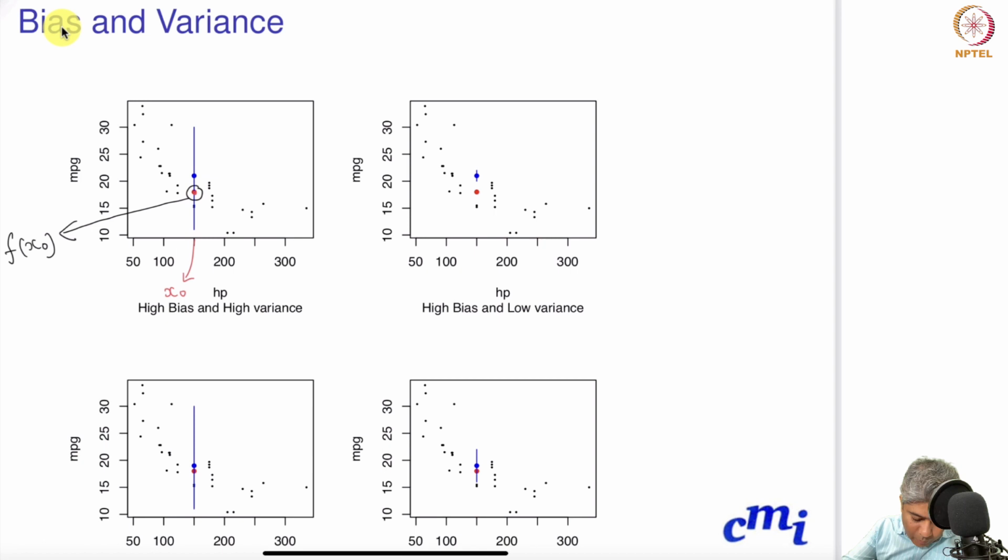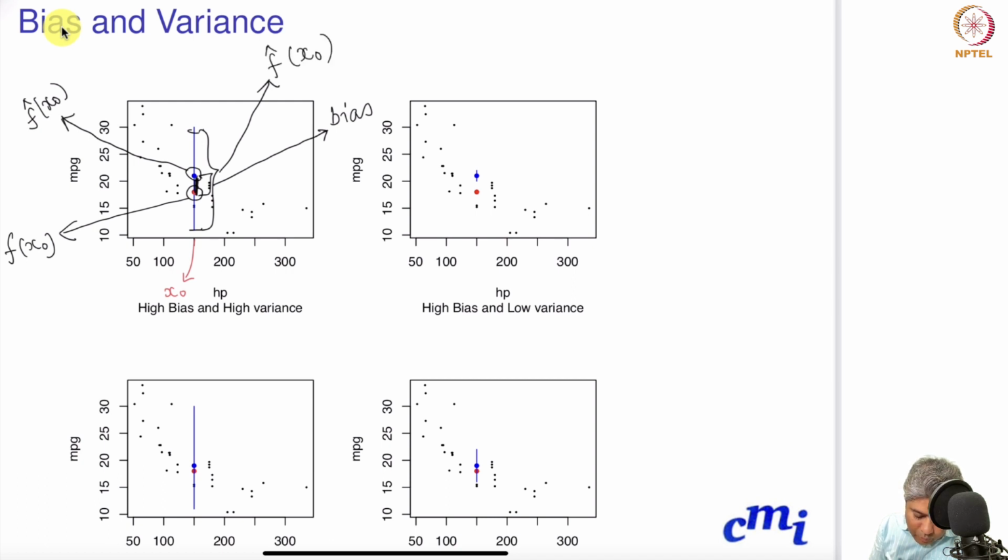Now this blue point is f hat x0. So naturally this difference can be viewed as the bias, and this line can be viewed as the variance of f hat x0.